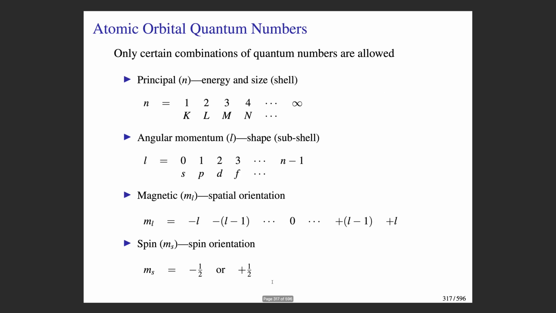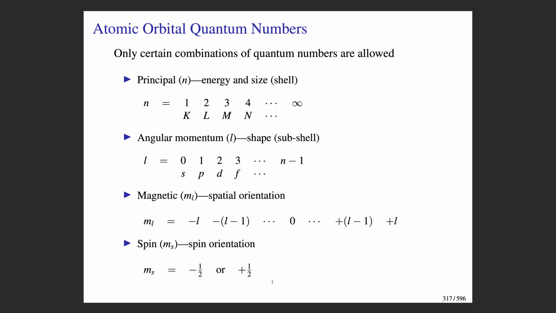So here are the different possible values for the quantum numbers. And it turns out that only certain combinations of the quantum numbers are allowed, in the sense that there's an atomic orbital for that particular combination.